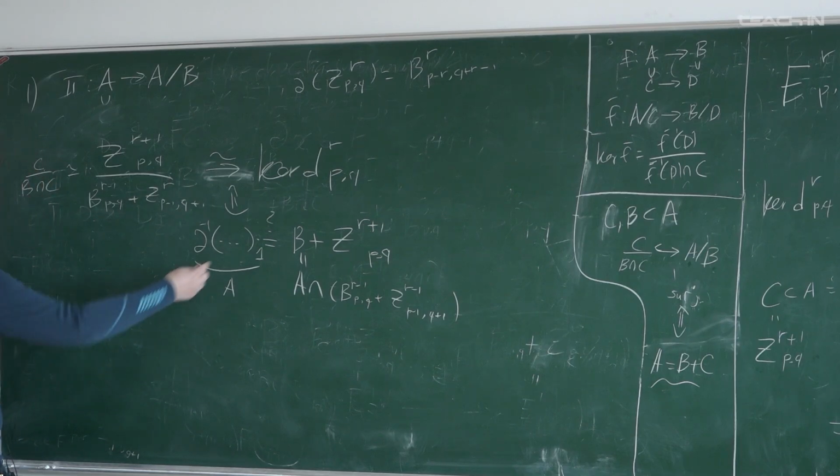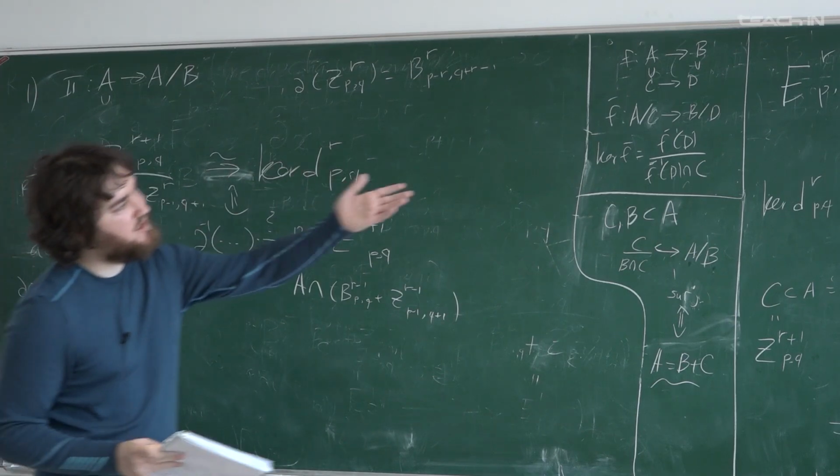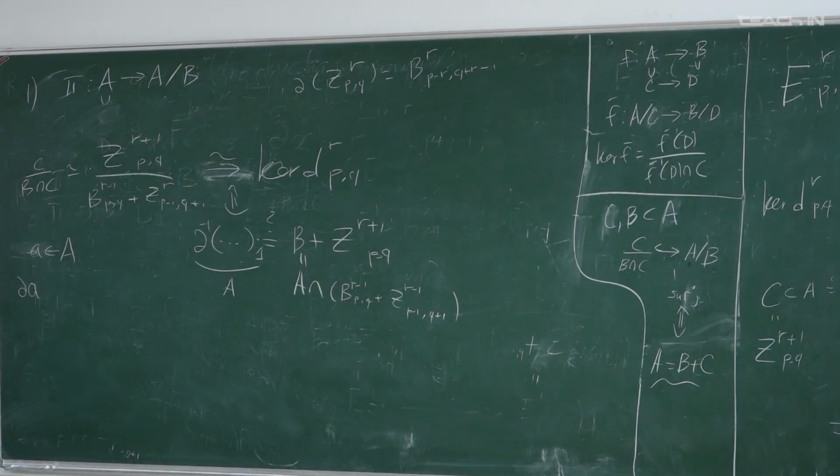What does this mean? This means that x is from A, and dA is from the first bracket. The first bracket is this one.